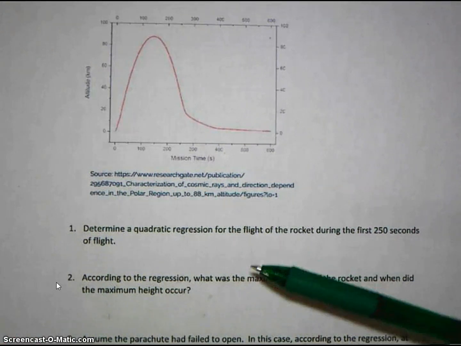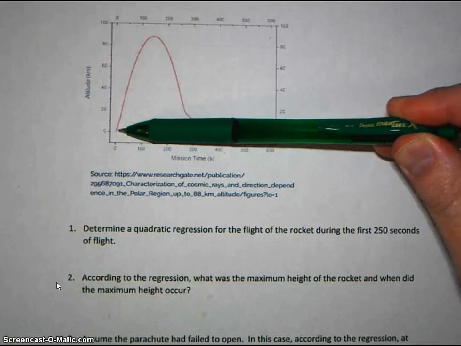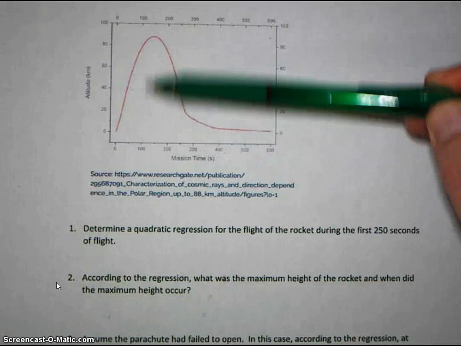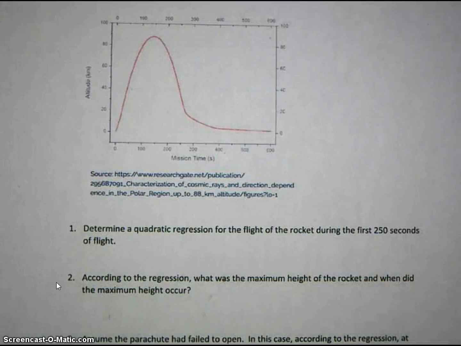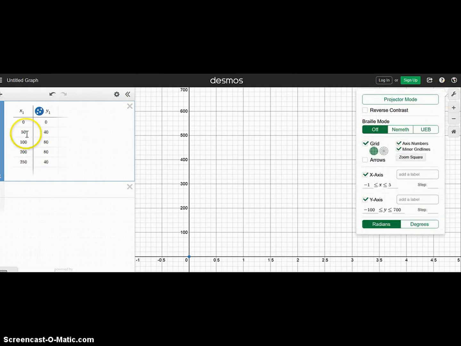Okay, so again, this time I'm going to have to read my graph. I notice I have points like 0, 0, looks like 50, 40, 180, and so on and so forth. So let me go and enter that data into Desmos. So here's the data that I got. Once again, we have to change our view window. We need the x's to be at least 250.